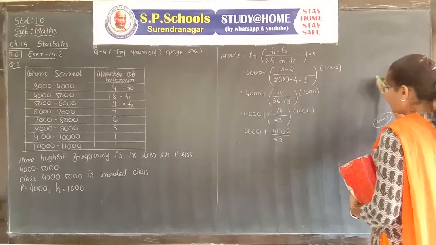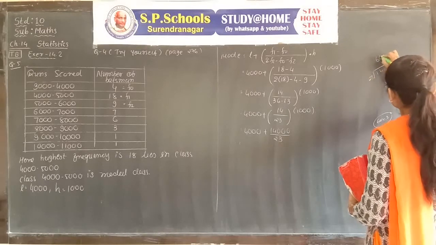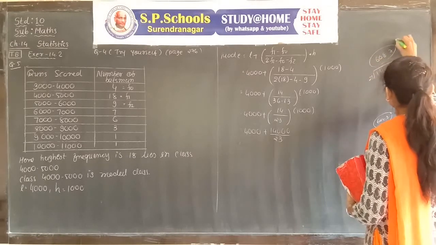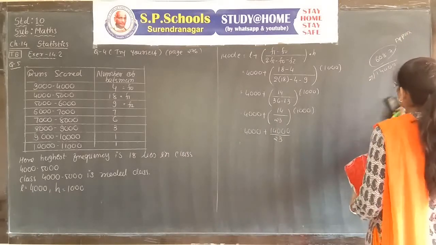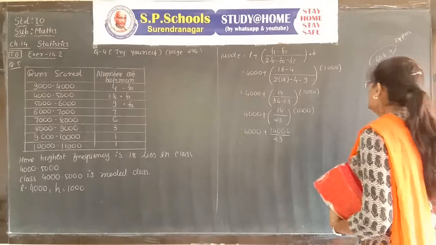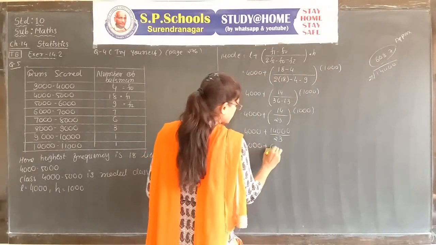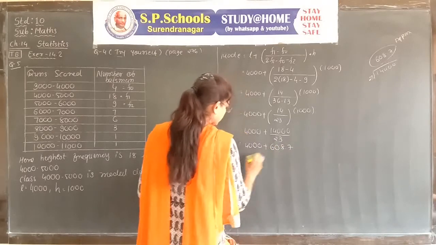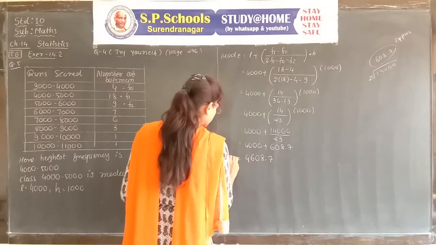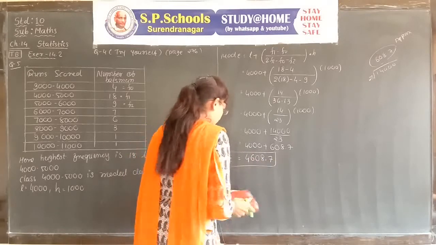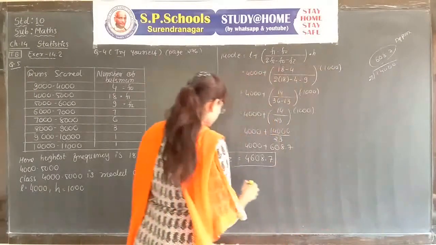The division of 14,000 by 23, we get 608.7 approximately. 4000 plus 608.7 is equal to 4608.7. Mode of data. See in the question, we need to find the mode of the data.